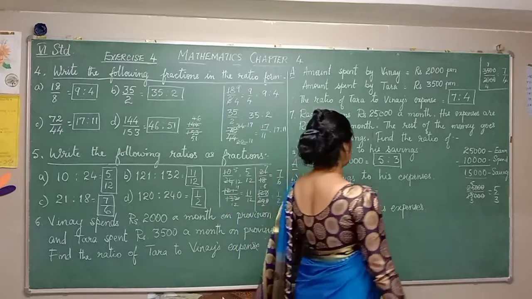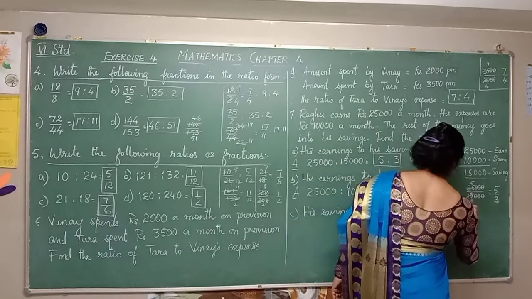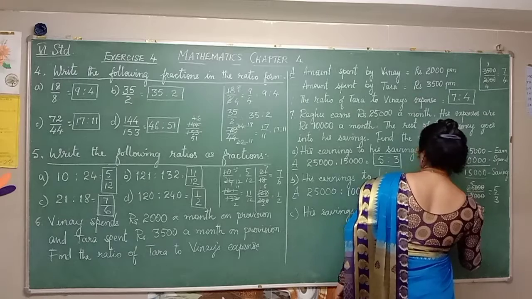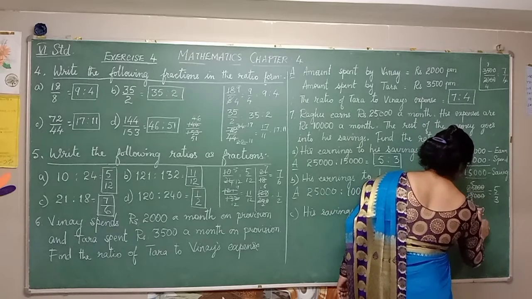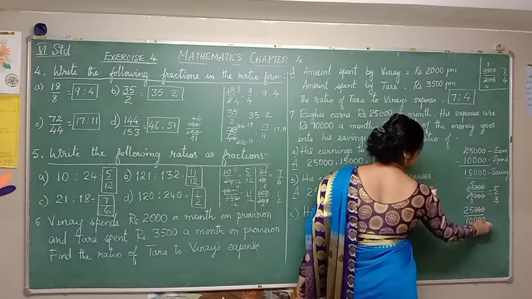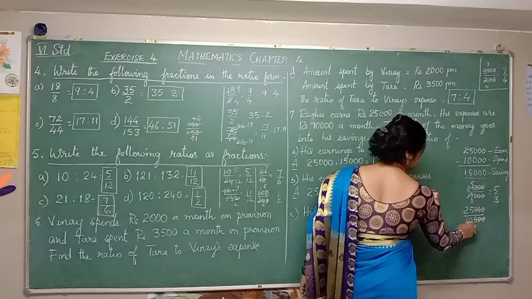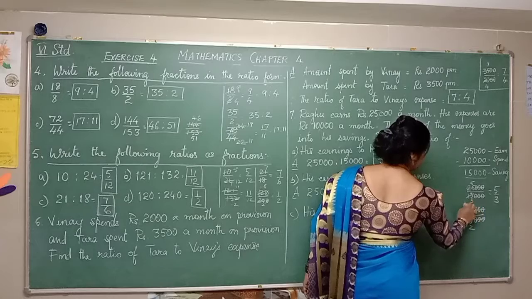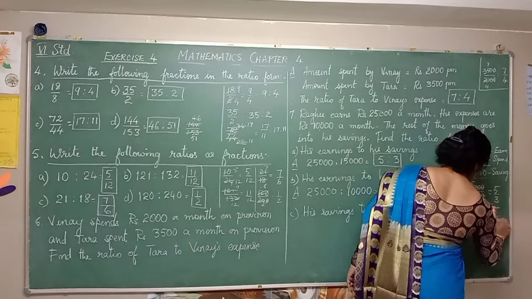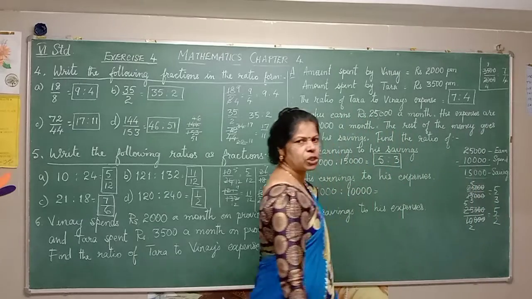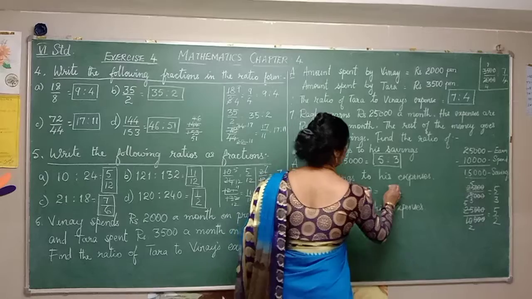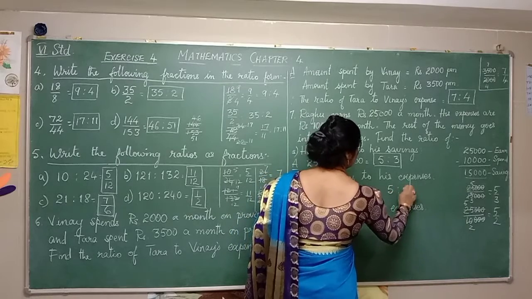So what you have to do? 25,000 by 10,000. 3 zeros cancelled, 5 2s are 10, 5 5s are 25. So what is the answer? 5 by 2. So in the form of ratio when you write, what you write? 5 is to 2.